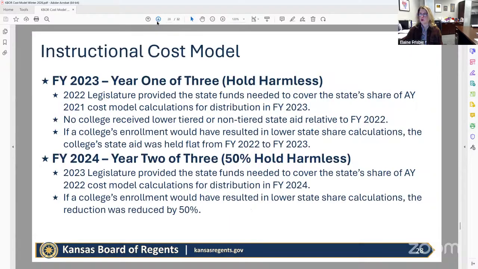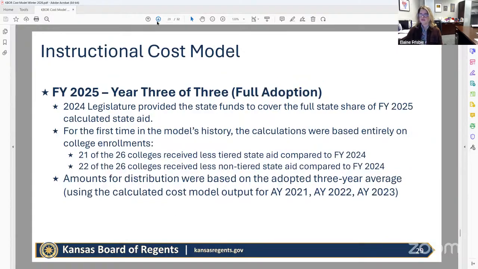So in year one, which was fiscal year 2023, any college that would have lost money by fully adopting the model just kept their same funding. But if you had growth in enrollment, your new funding was recognized. In year two, it was a 50% hold harmless. And then by year three, which was last year, fiscal year 2025, the full adoption of the cost model was done.